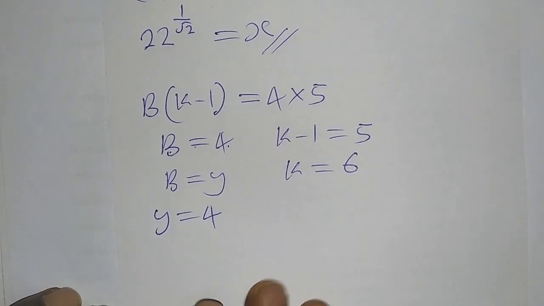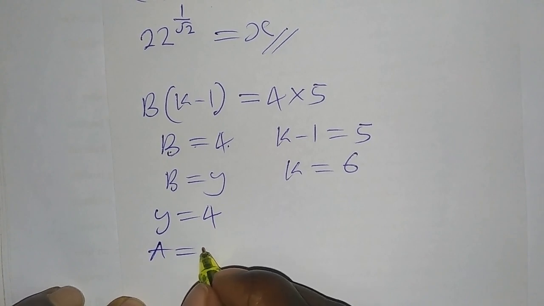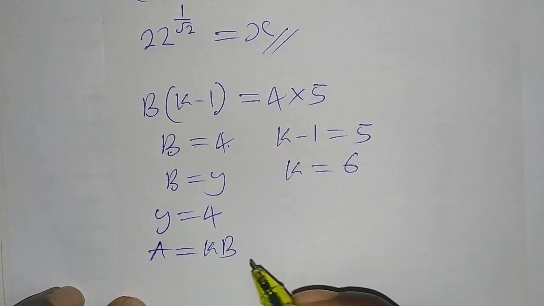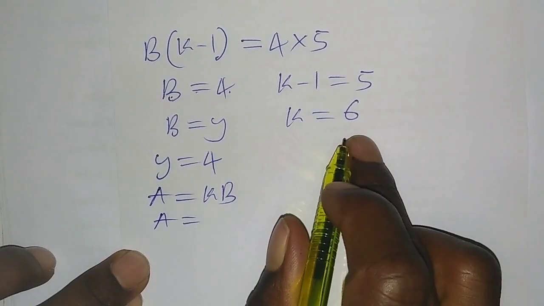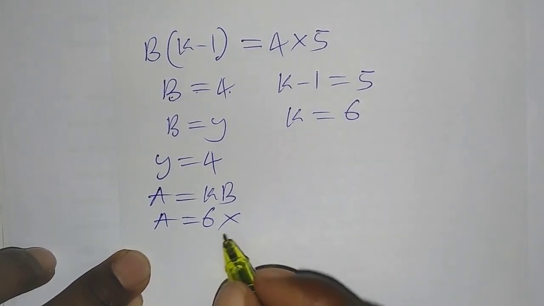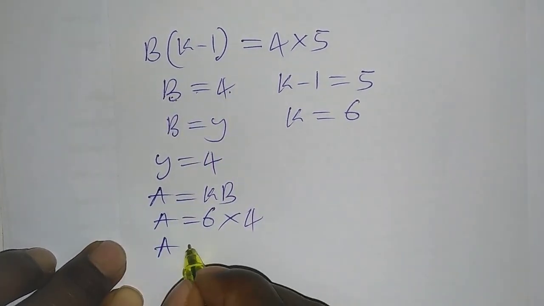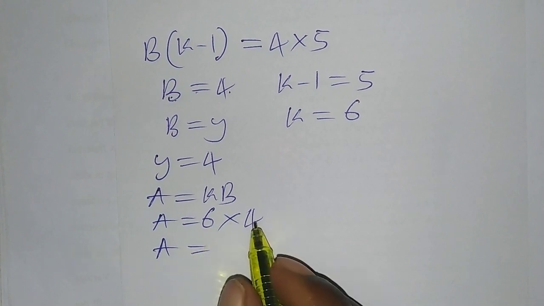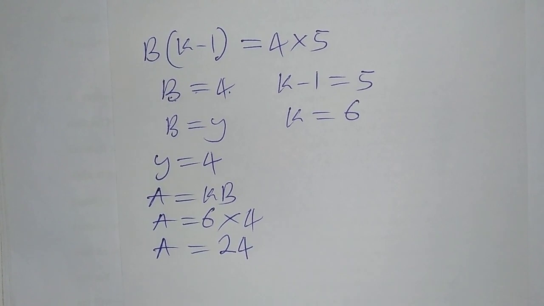Now, to get the value of x, we refer back to our a, which we equate as kb. And a is equal to our k here, 6, multiplied by our b here, 4. Now a is equal to 6 times 4, which is 24.